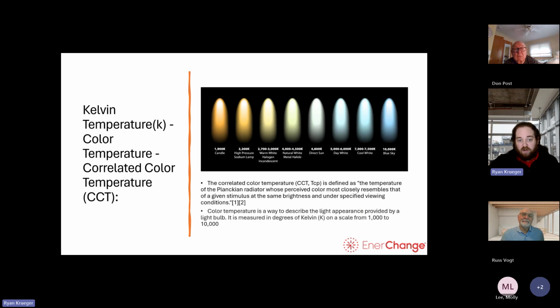A candle is 1,900, high pressure sodium is 2,200, warm white halogen and incandescent are between 2,700 and 3,000, and natural white metal halide is 4,000 to 5,000. They say direct sun is 4,800, but it really depends on which scientists you listen to. Some people say it's 10,000, like the blue sky on the far right. Then day white is 5,000 to 6,000, and cool white is 7,000 to 7,500.